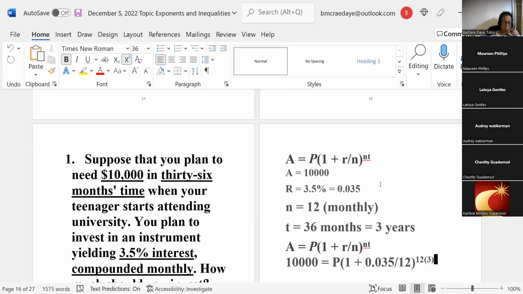Questions? Any questions? So I want you to be able to, we won't be calculating these so much as setting them up, being able to recognize a correct setup using the interest formula.